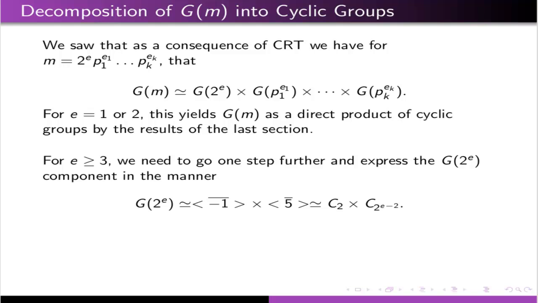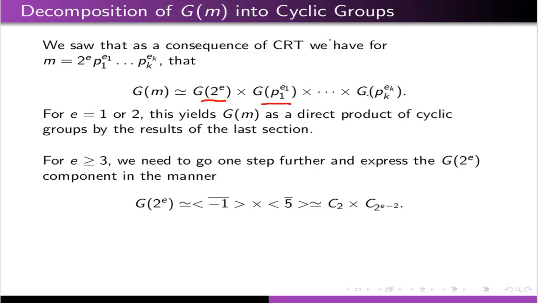So we've seen, as a consequence of the Chinese remainder theorem, that if we write m as 2 to the e times a product of odd prime powers, then the group of units mod m is isomorphic to the group of units mod 2 to the e, cross the group of units mod p1 to the e1, times all the way down to the group of units mod pk to the ek.